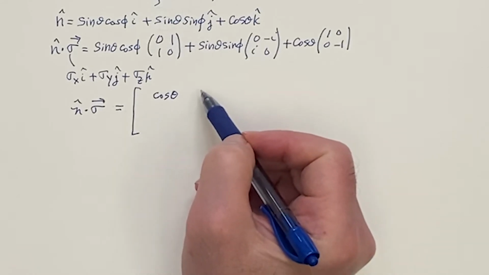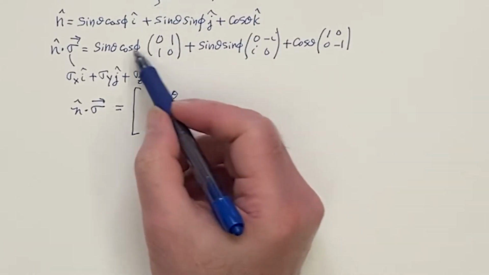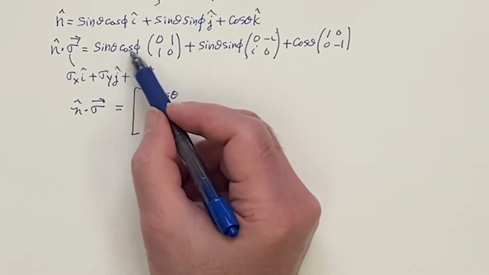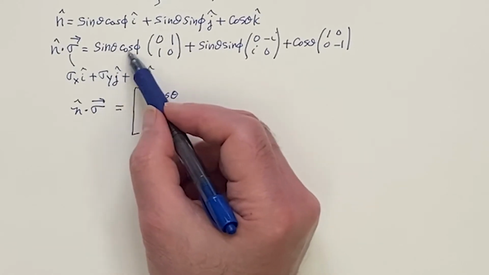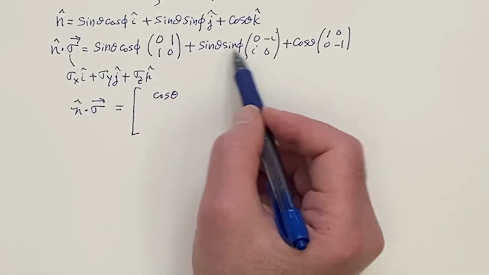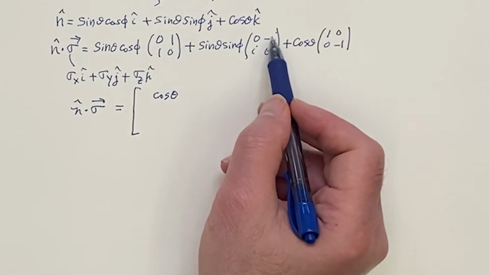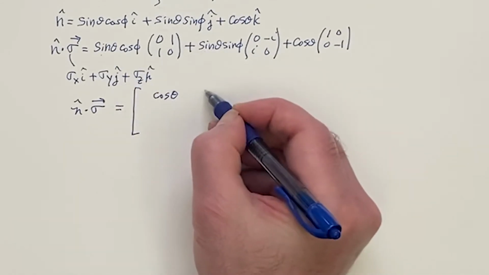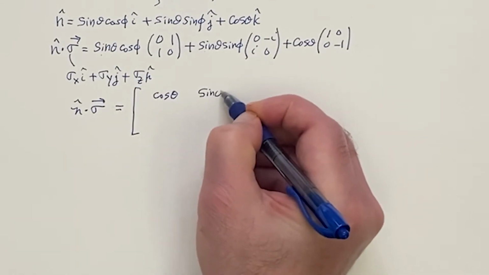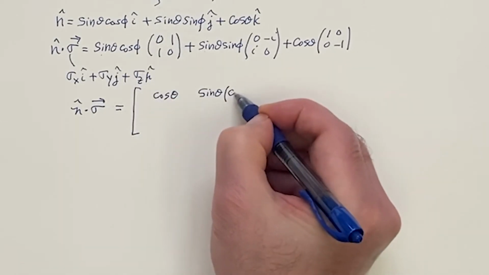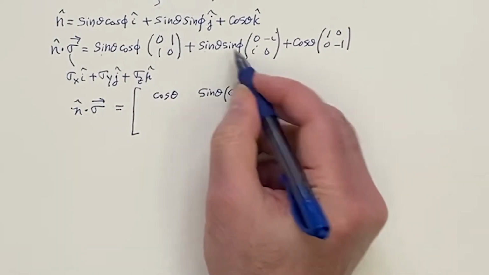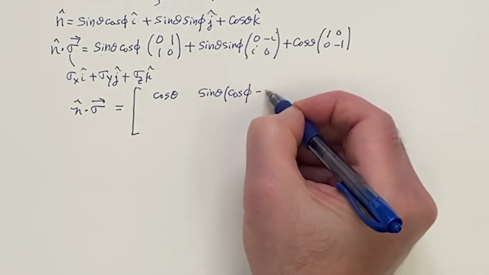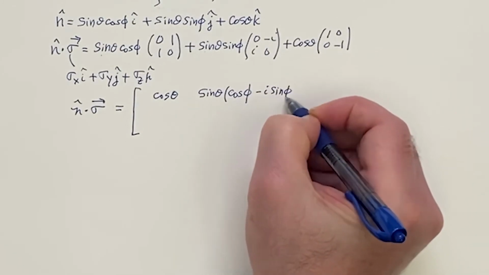Then in the upper right, this is going to kick in. We're going to have this, and there's going to be a minus i. So we're going to have the sine in common, and then here will be the cosine of phi minus i times the sine of phi.